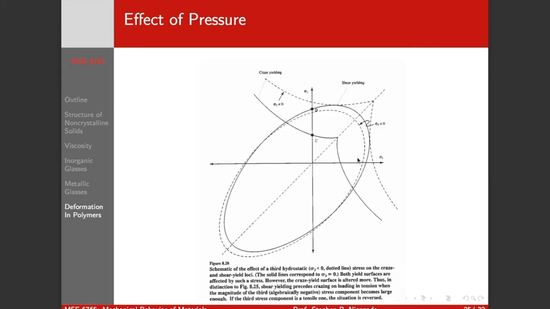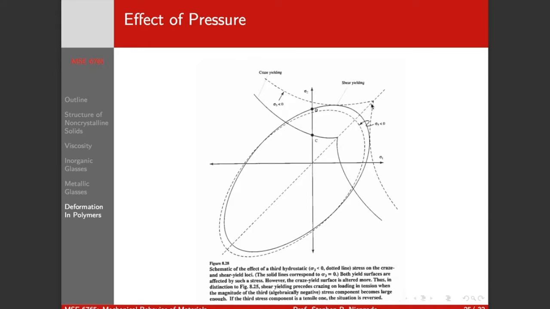The pressure has a greater effect on craze yielding, right? So if we add a triaxial stress state, if we add a negative sigma 3 component, we're really opening up a lot more free volume, right? And we can craze much easier, right?